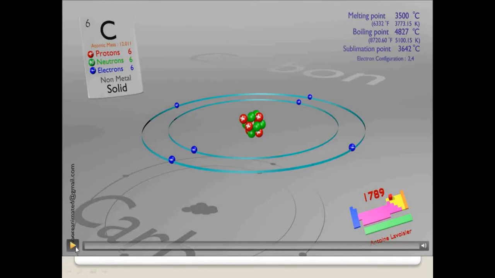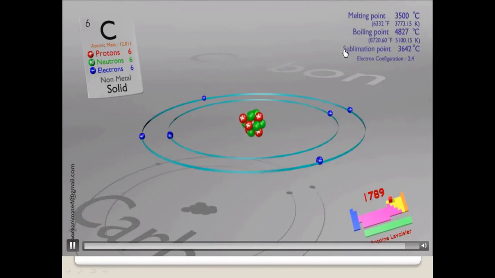Let's see a video for this. In that, carbon has 6 protons, 6 neutrons and 6 electrons. It is a non-metal solid which has mass 12, that is protons plus neutrons. This is the melting point, this is the boiling point, this is the sublimation point of carbon, and the electronic configuration is 2, 4.